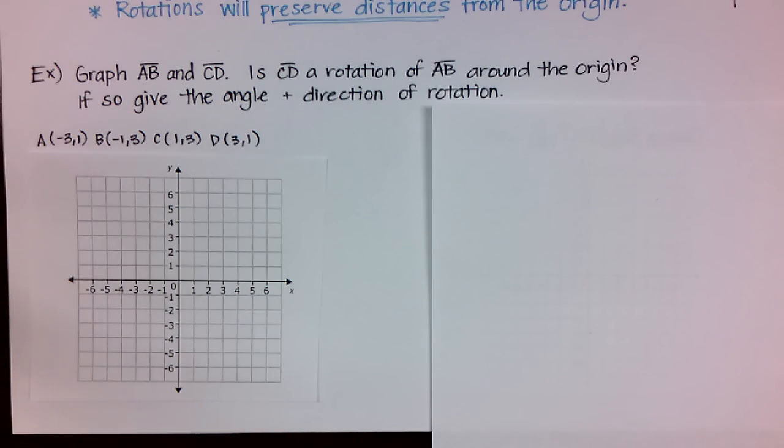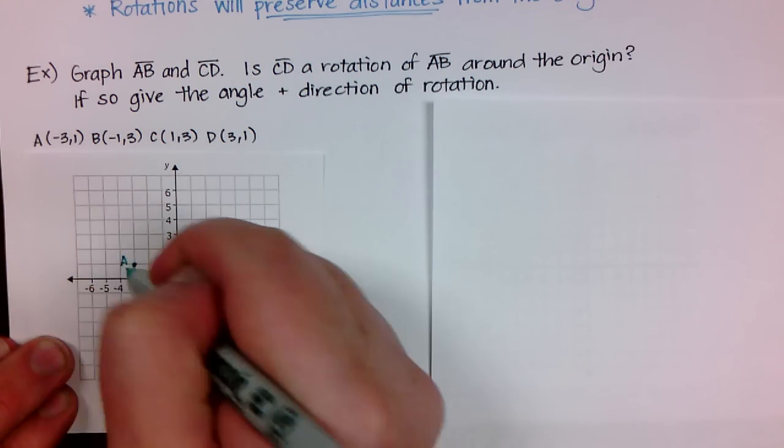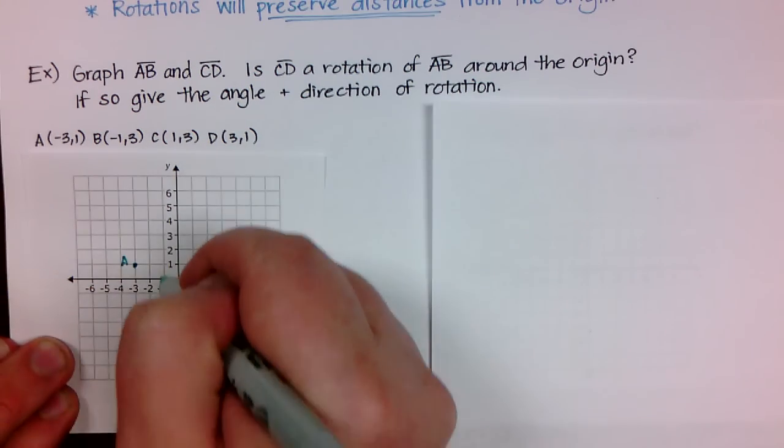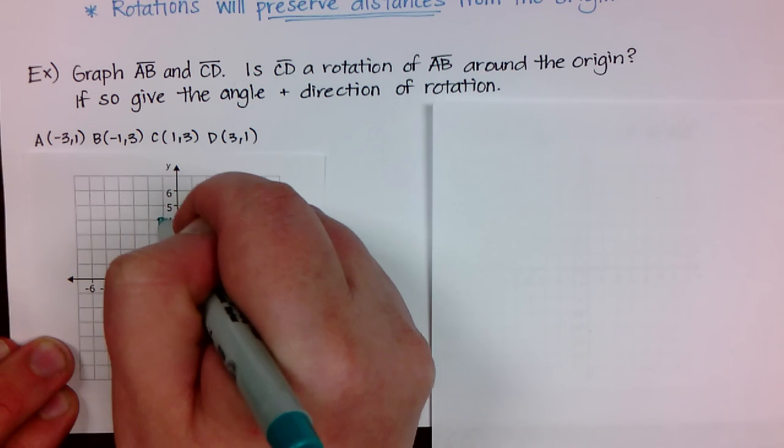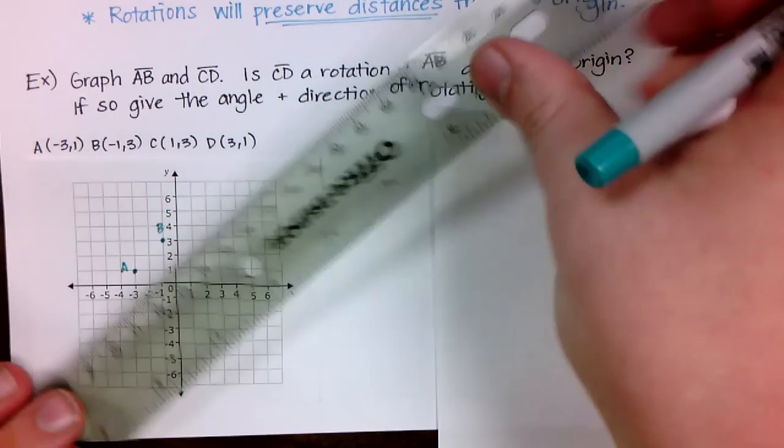So let's go ahead and draw these and label them. -3 up 1, this is A, and -1 up 3 is B. Okay, I'm going to take my ruler and connect that.